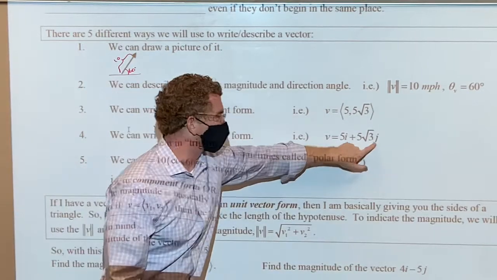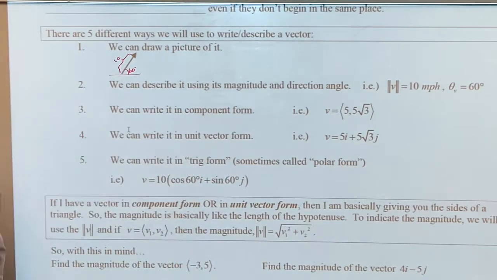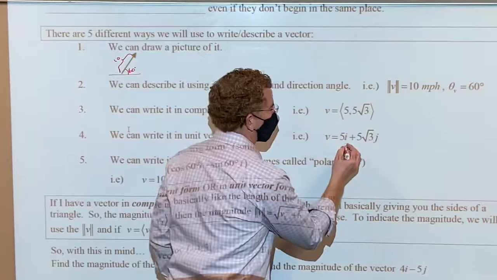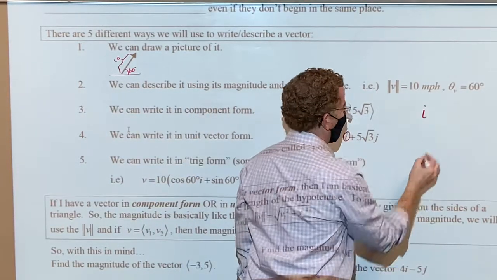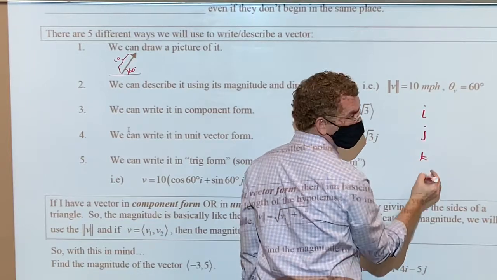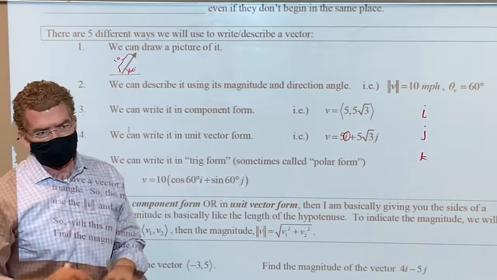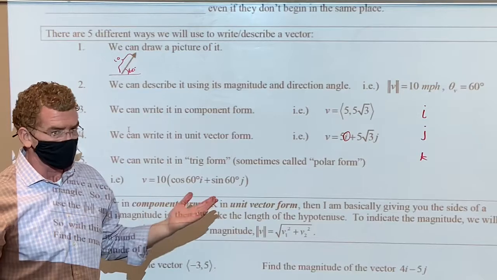There's another form that we like to use called unit vector form. Now, don't let unit vector form bother you. Unit vector form uses what we call the unit vectors. I and j, and also k when we get to 3 dimensions, which is not difficult, it's just 1 extra dimension, you'll see.